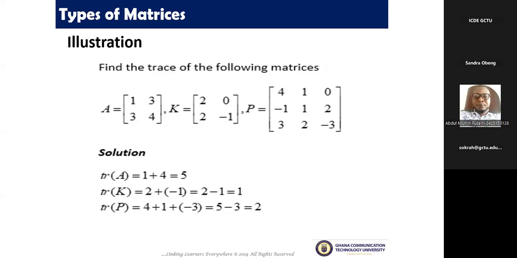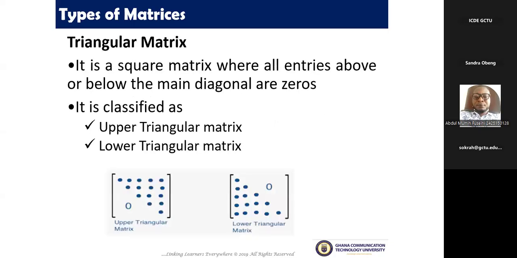Let's continue. Then we come to the other type of matrix called the triangular matrix. Now, what is a triangular matrix?